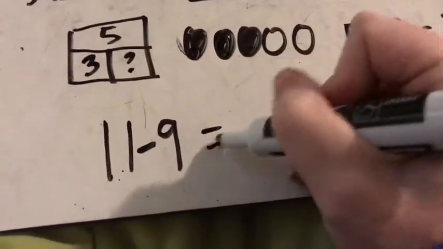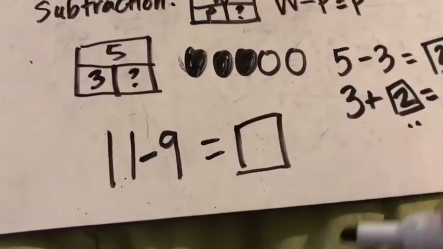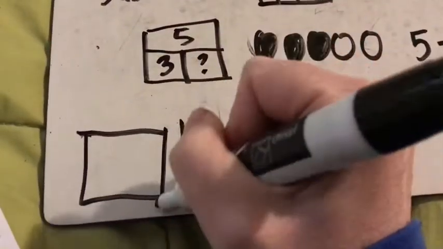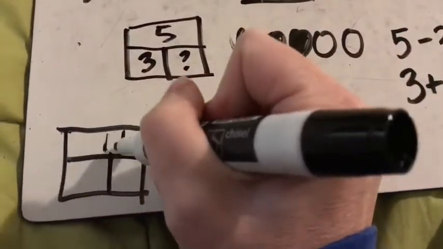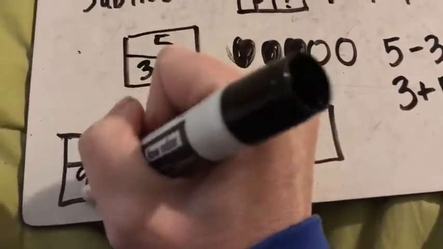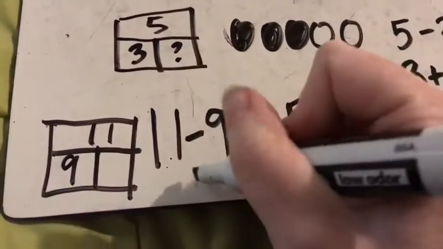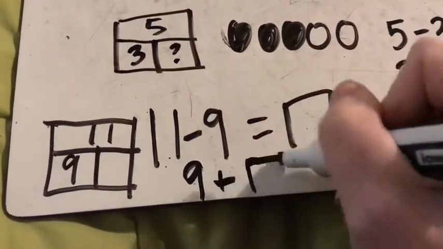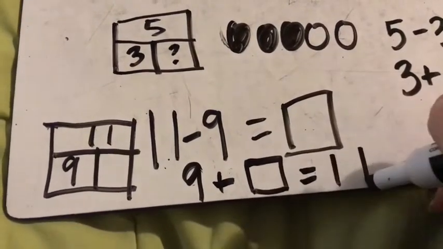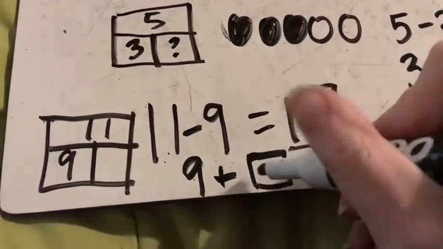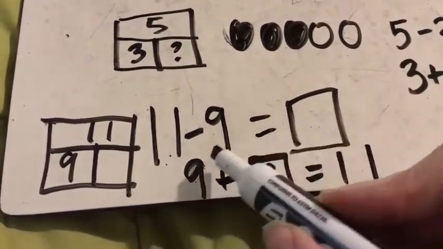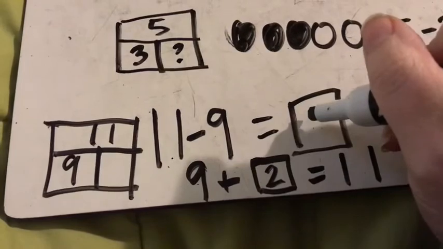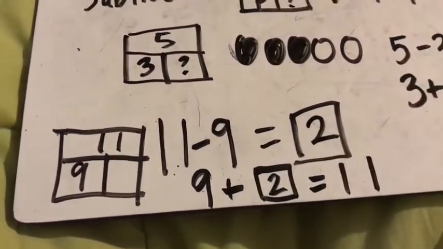But if I was trying to think about 11 minus 9 and I knew how addition and subtraction were related and I understood the part-whole relationship, then I could think 11 is my whole, the part that I know is 9, and so then I can think 9 plus what other part would get me up to 11. And so then that's 9, 10, 11, 2 more. And so then I could use this to help me with this. 9, 10, 11. If 9 plus 2 is 11, 11 minus 9 must be 2.